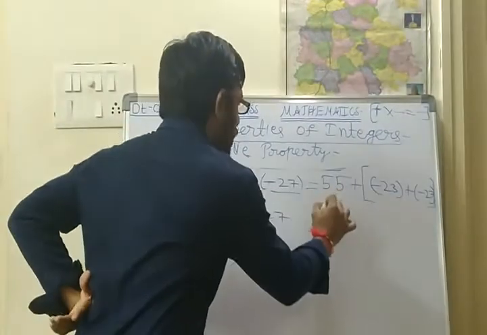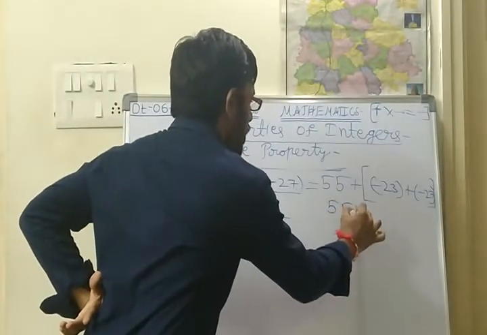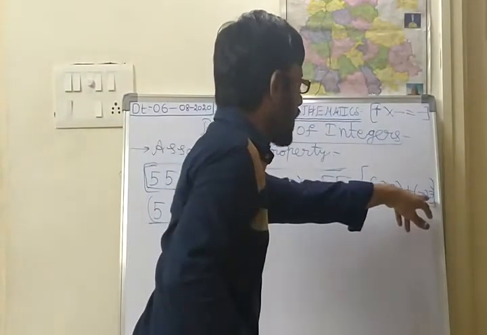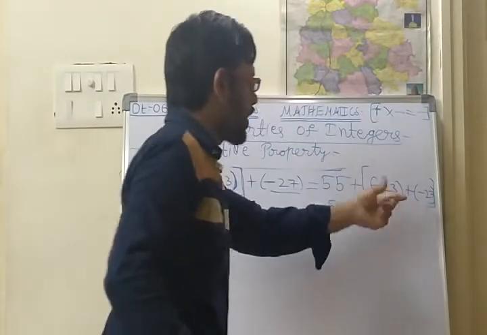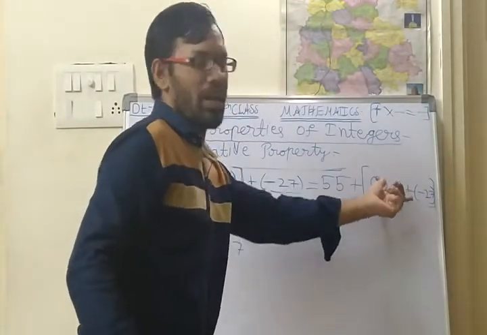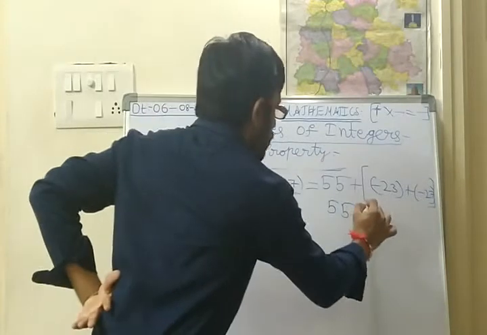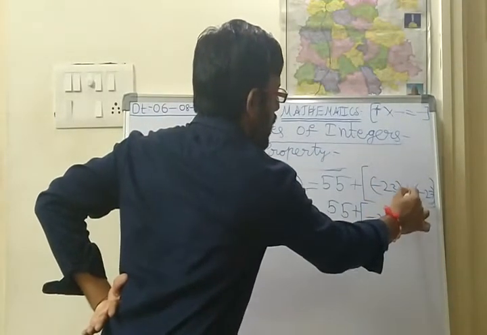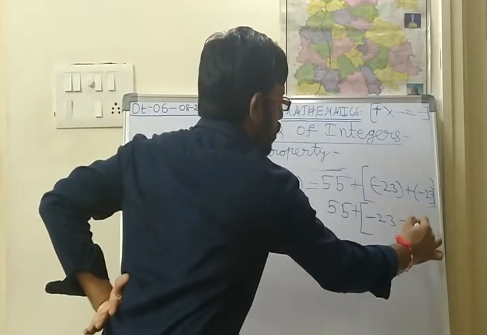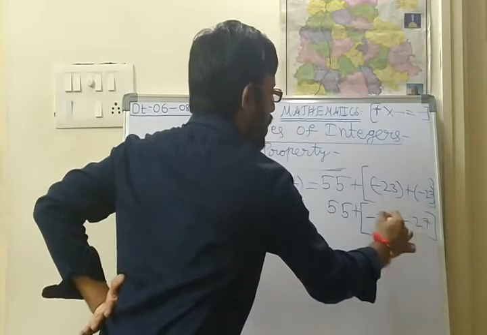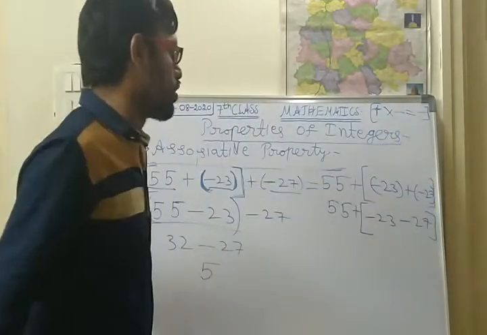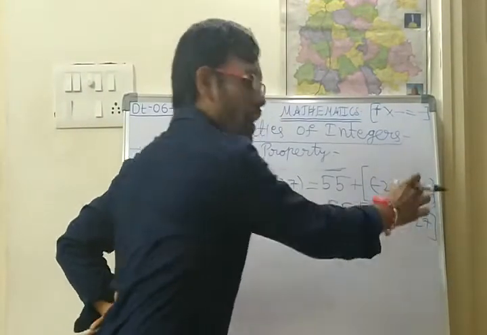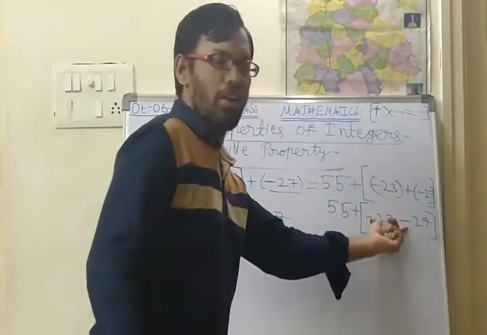So now see, 55 as it is plus. Here first try to remove these internal brackets, the integer brackets. What are the internal brackets? Minus 23 plus into minus, minus 27: minus 23 minus 27. Both are having negative symbols only.